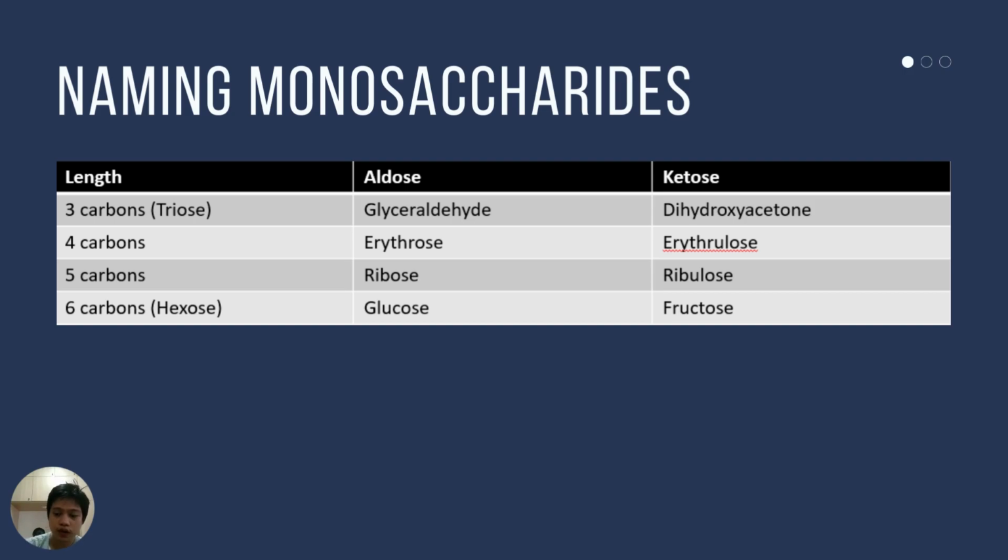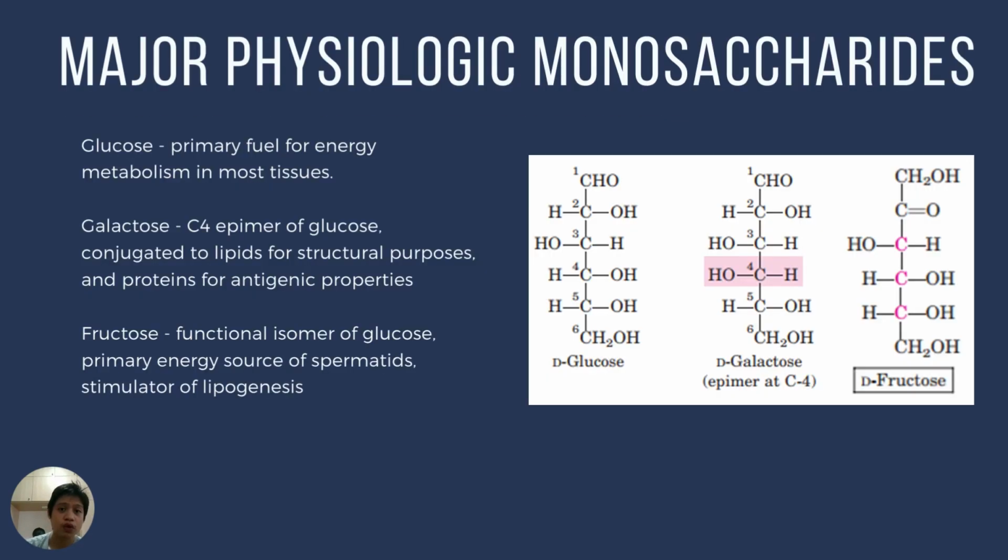So, let's move on. We have here the 3 major physiologic monosaccharides. Ito yung common na sugars na ma-encounter natin sa katawan. Glucose is the primary fuel for energy metabolism in most tissues. And we have discussed glucose a while ago. It's an aldehyde, and the aldehyde is found in carbon number 1.